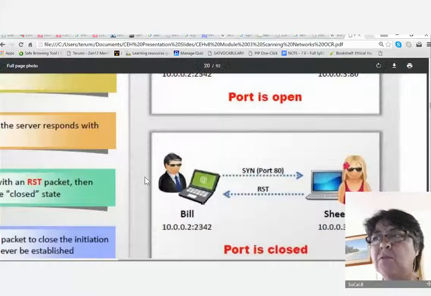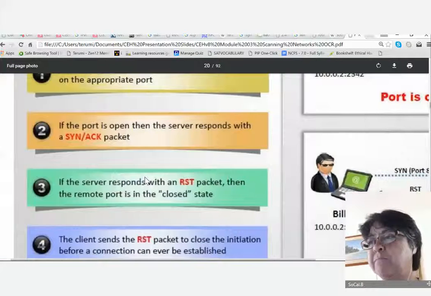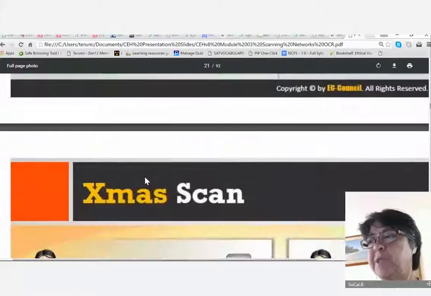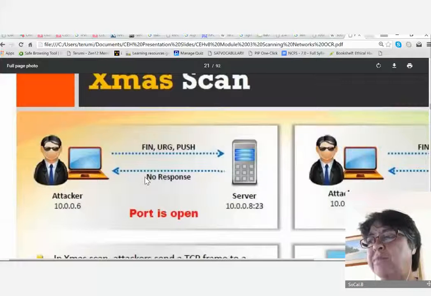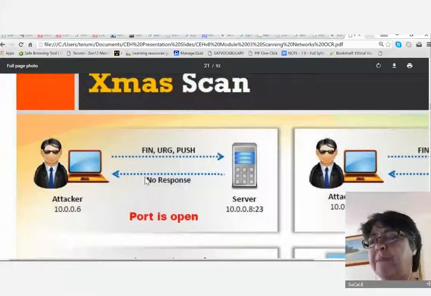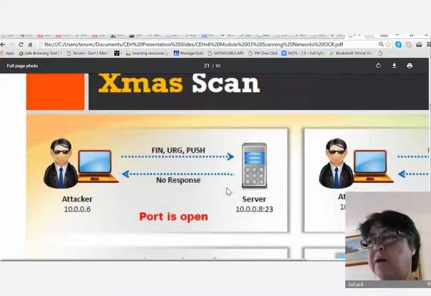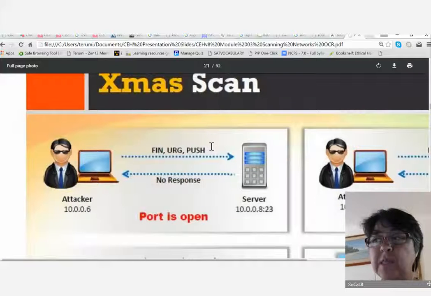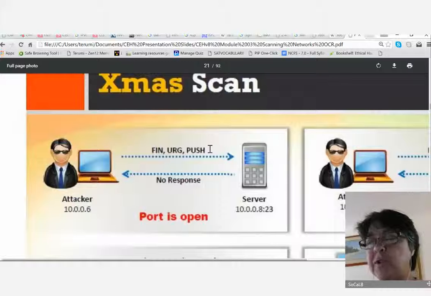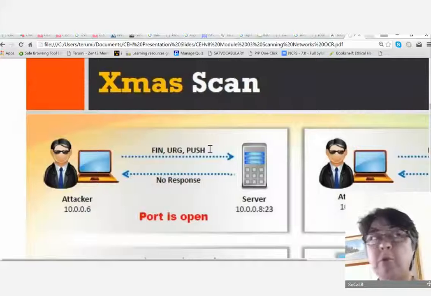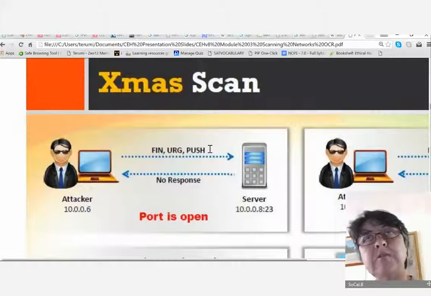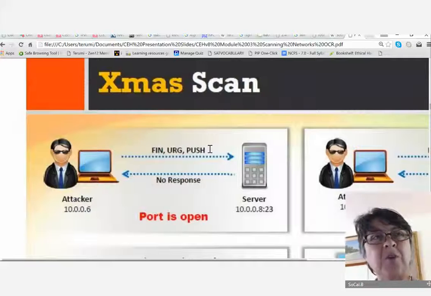Okay? So now let's go to the other ones. Christmas scan. In the Christmas scan, you're sending a packet with FIN, URG, PUSH flags to port 80, let's say. Now, if port 80 is open, it looks at it and says, what is this thing? You haven't created a session.